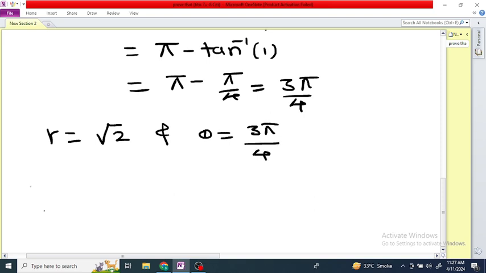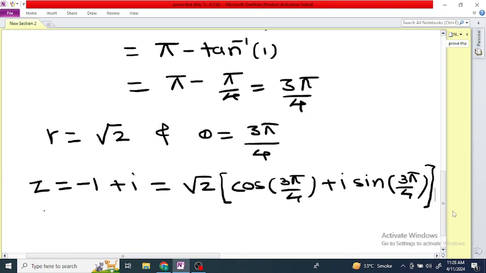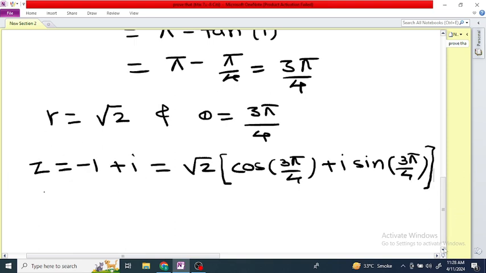Now the polar form of z = -1 + i is equal to r, so r is root 2, times cos 3 pi by 4 plus i times sin 3 pi by 4. So we expressed the given complex number in polar form.